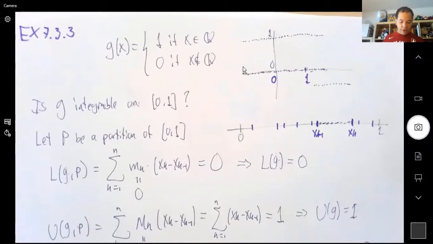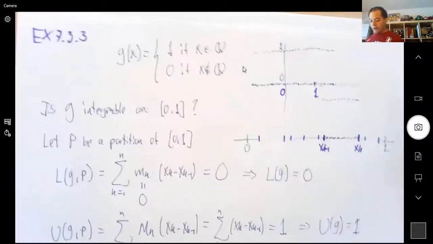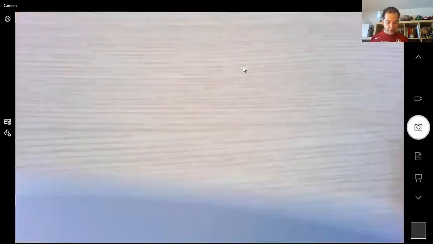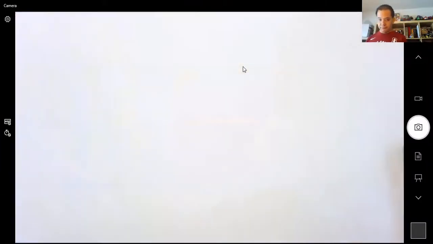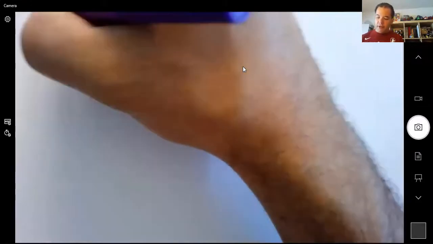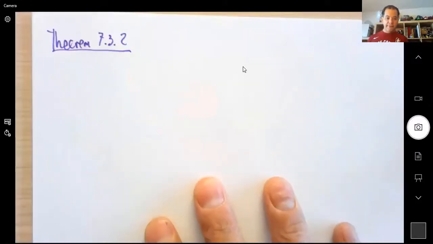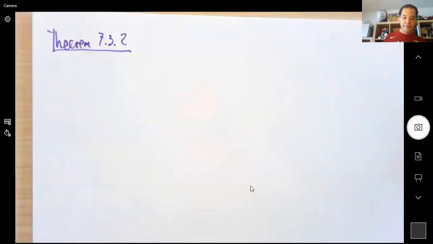Okay, so let's go back to the other theorem that I wanted to talk to you about. So this will be Theorem 7.3.2. Let's put it on the book, actually. That way we read the statement with precision, and then we'll prove it.